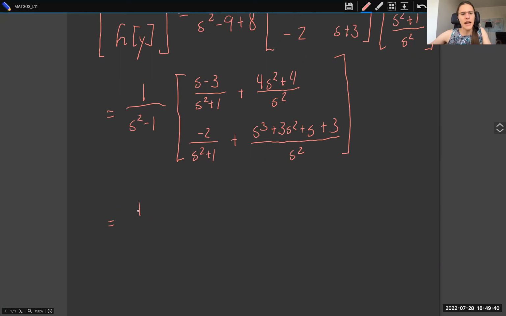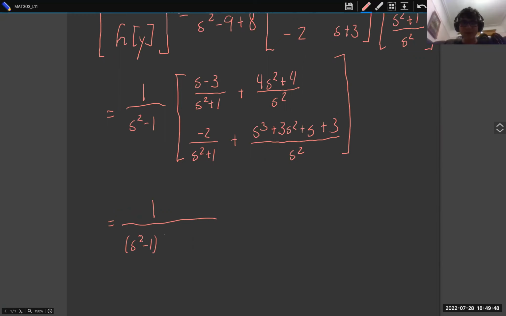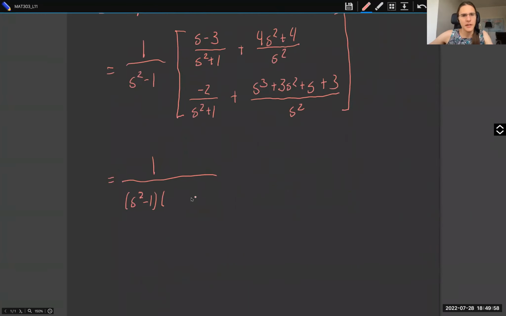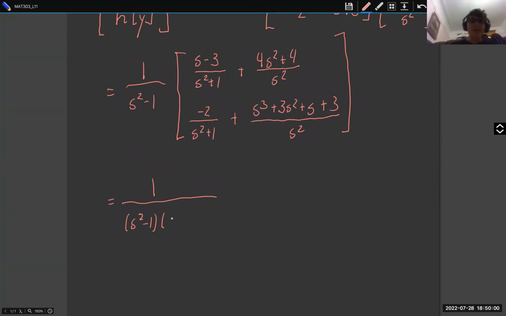So I'm going to actually bring the common denominator out front. Wait, isn't it supposed to be s squared minus 9 plus? Oh, yeah. Am I good? Okay, good. Squared. Okay.